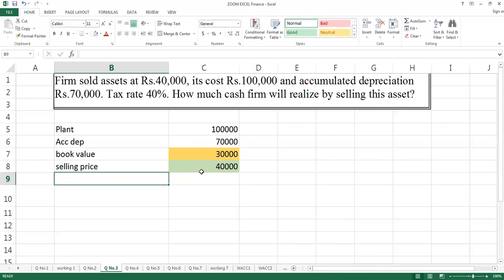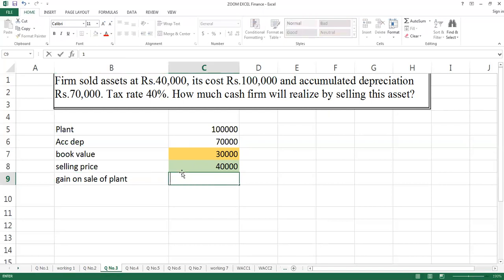So keep in mind that the value of this item in your books of accounts is 30,000. So you will say that you are gaining on sale of plant, and how much gain will you report? You can take help from the question. So this is a gain on sale of plant of 10,000.